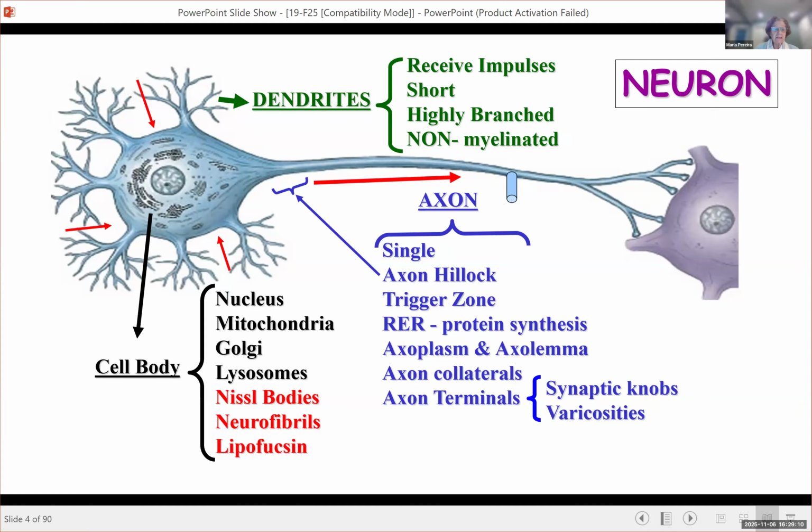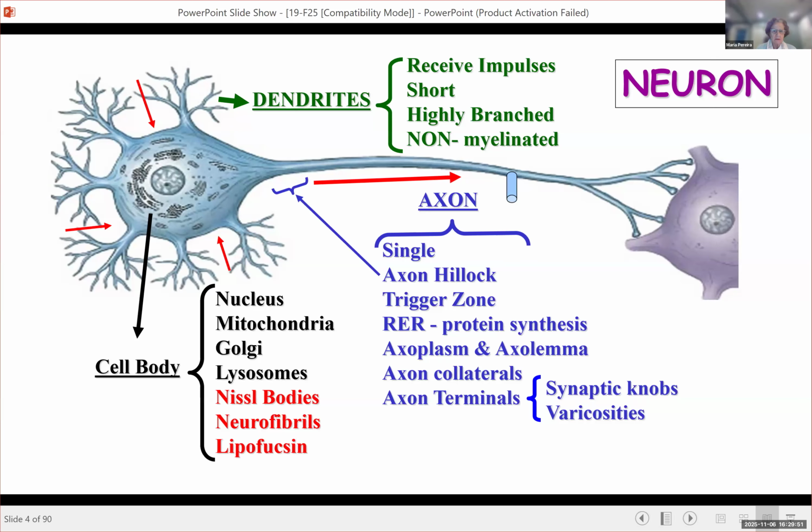So until the potential in the cell body is changed in a way that it reaches minus 55 millivolts, the action potential will not be triggered. So each dendrite can contribute a little bit of change in potential, which is going to be added up. And once it reaches this area that is highly enriched in voltage-gated sodium channels, the sodium channels open, and then the action potential is an all or none response. Then it goes down the axon.